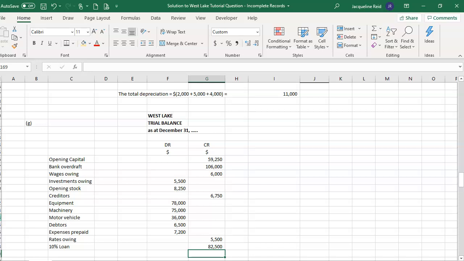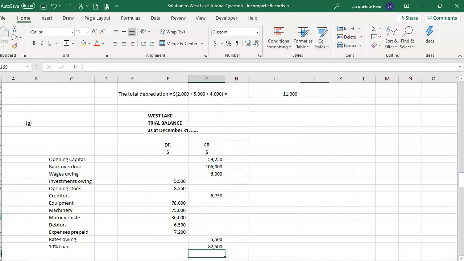Now the figures that we're going to use to wrap up the trial balance, I'm going to be jumping back and forth to pick them up. So I hope you won't get too busy because I'll be shifting screens. I'll try and shift it slowly so I don't get you dizzy.